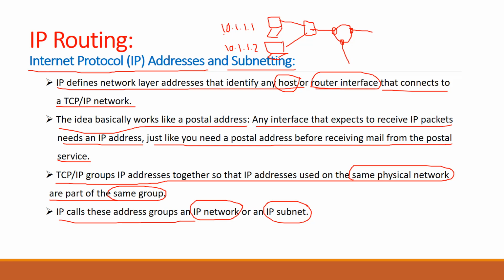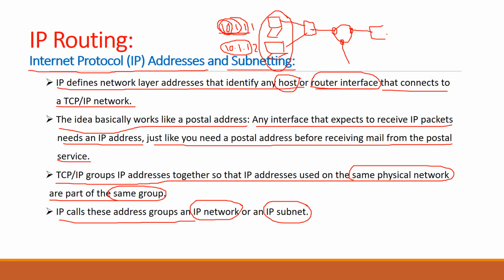Subnetting determines which octets define the group. It can be these 2 octets, it can be this 1 octet, or it can be these 3 octets. But if they are the same, let's assume that the subnet ID, or the subnet number, comes from the first 3 octets. If they are the same, then these 2 hosts are in the same group, the same subnet, or the same network.